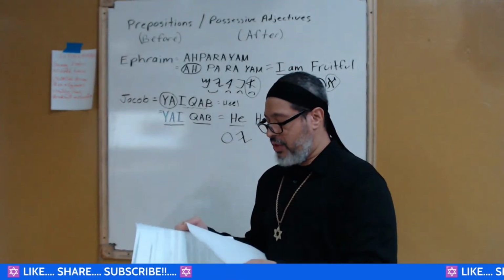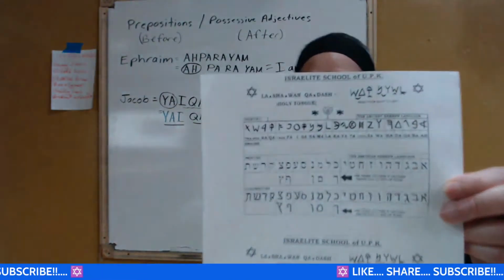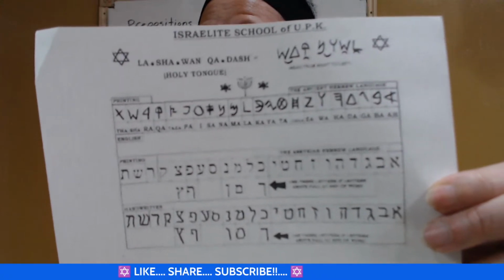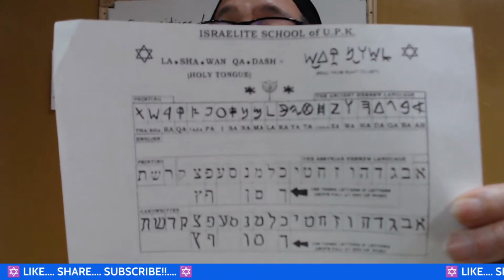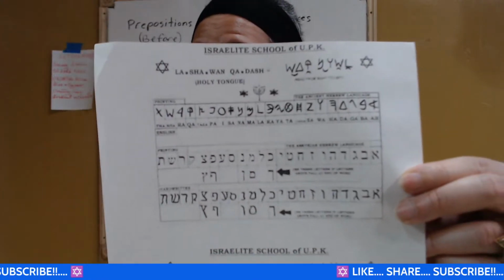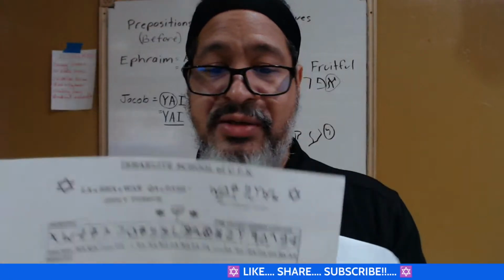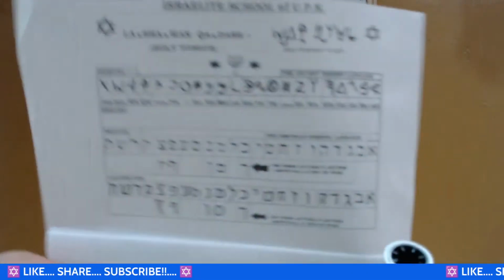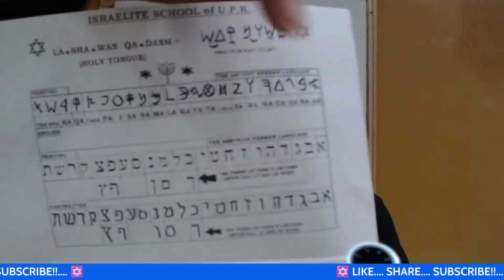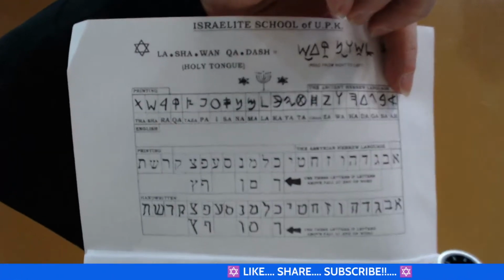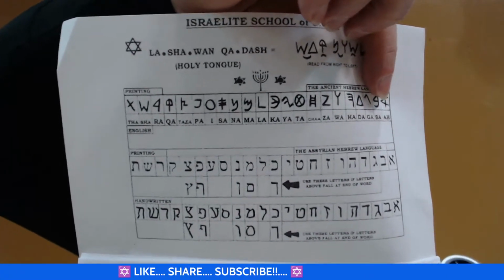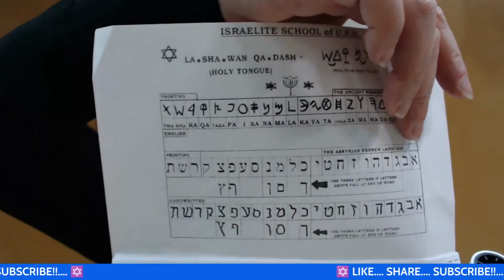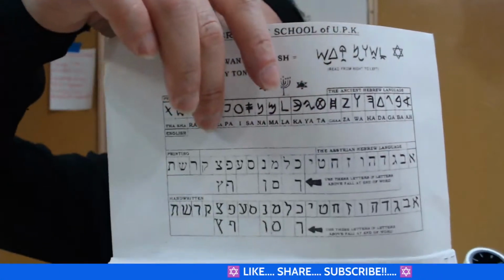This I want to point out to you again as we do this. This right here is the Hebrew alphabet. So when you're in class, make sure you grab one of these things, because what it does, it'll show you in the top row from here, you see the ancient from left to right, and then you'll see the English letters down below.